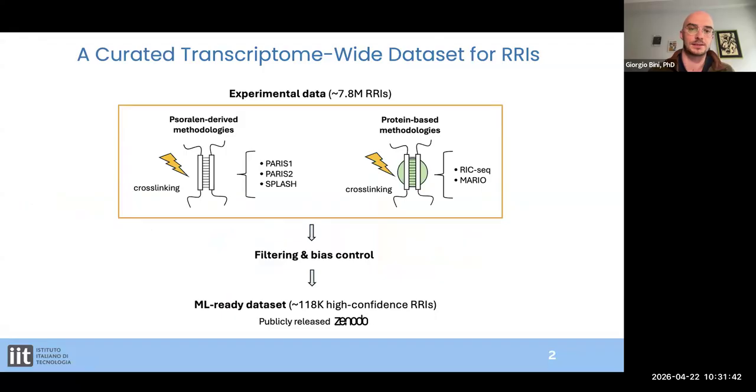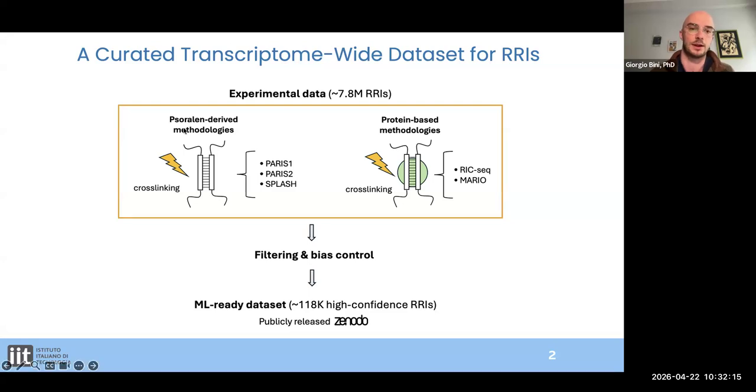A key aspect of the project that I would like to highlight is the work we did on the experimental data, because a major limitation in the field is the lack of suitable datasets for training AI models. In close collaboration with my colleagues who have a strong biological background, we collected several transcriptome-wide techniques, and we can group these methodologies into main categories.